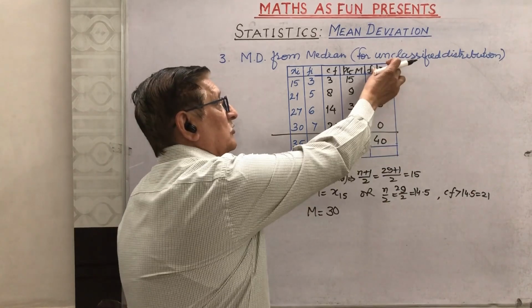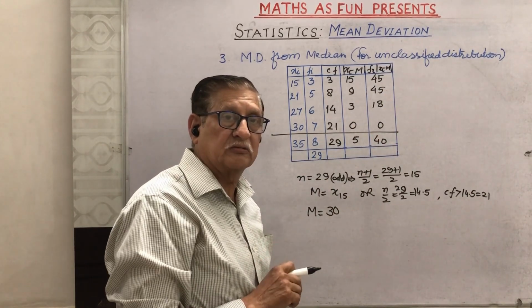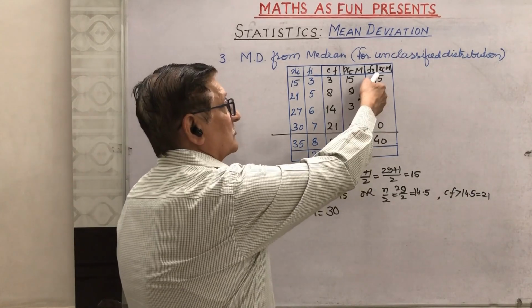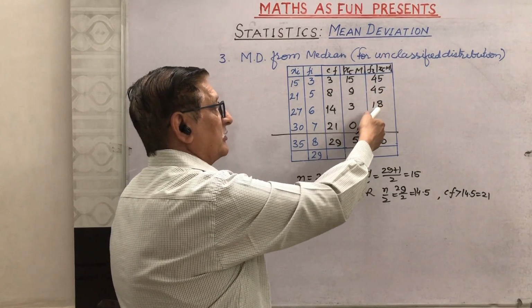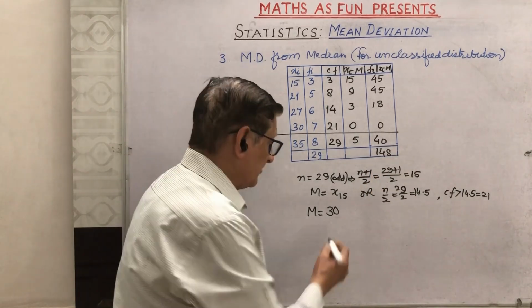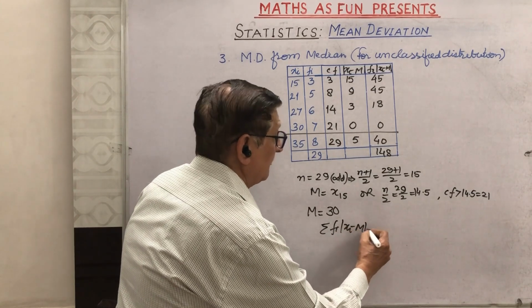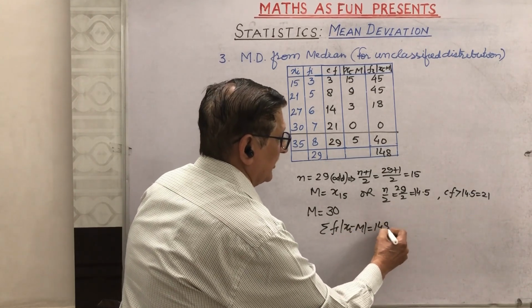And now we have to find out the sum of this product of the frequency and the deviation. And that here comes as 45, 45, 90, 108, 148. So we have got here sigma fi into modulus of xi minus m is equal to 148.